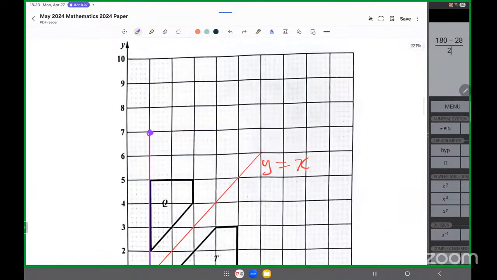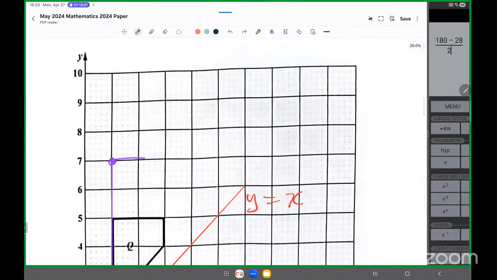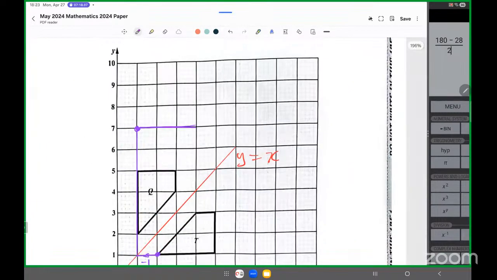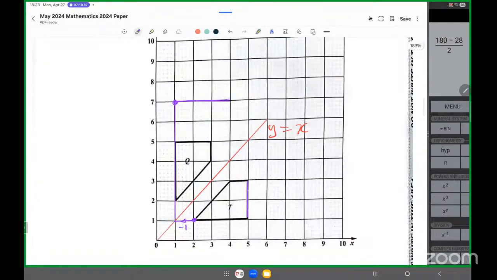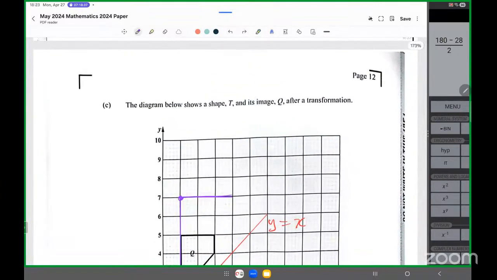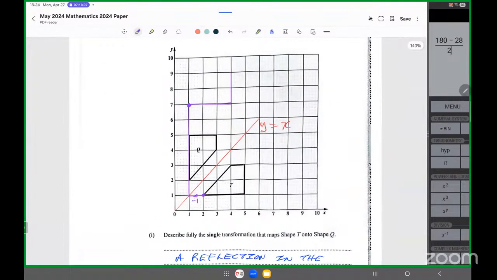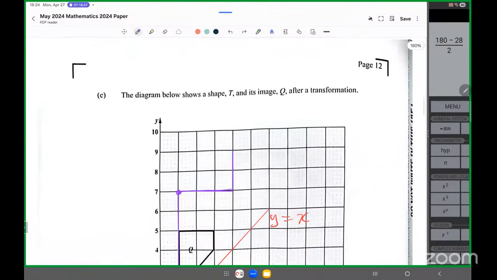Then this piece was 2 units up after that, so you draw 2 units up as well. Then this piece was 1 unit across at the top, so you join 1 unit across at the top.